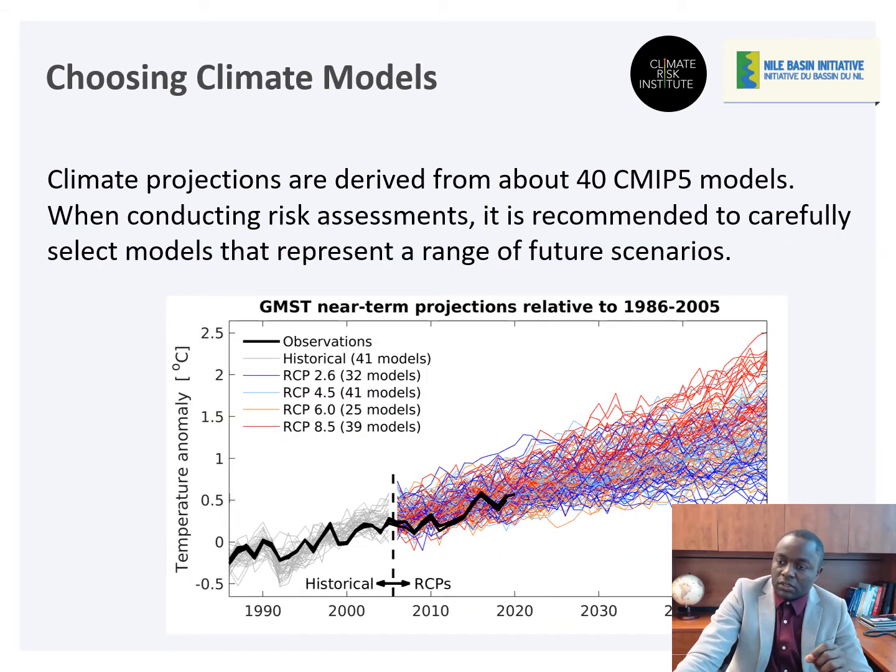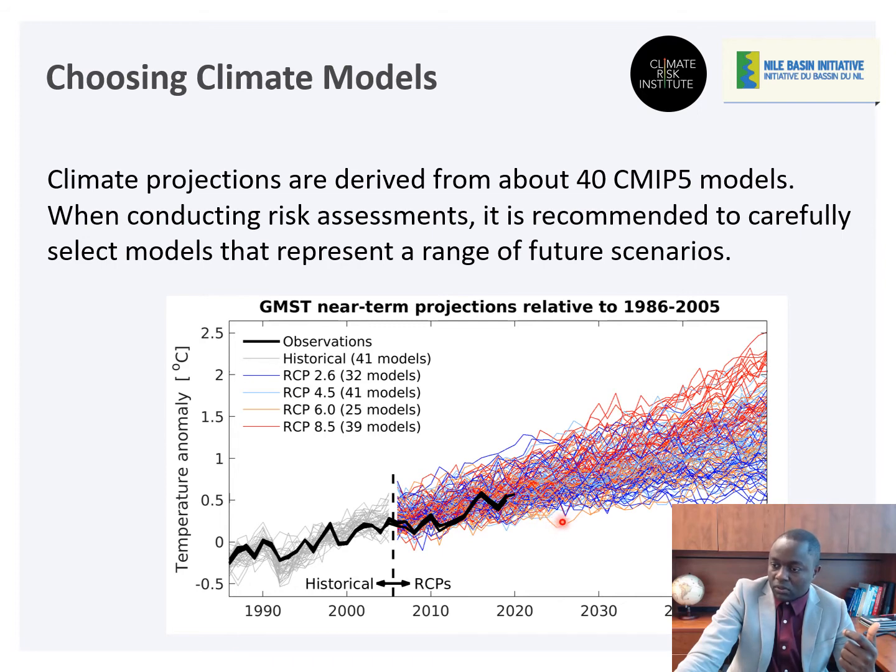Note that climate projections are derived from more than 40 CMIP5 and CMIP6 models. When conducting a risk assessment, it is recommended to carefully select models that represent the range of future scenarios. You can see the spread.